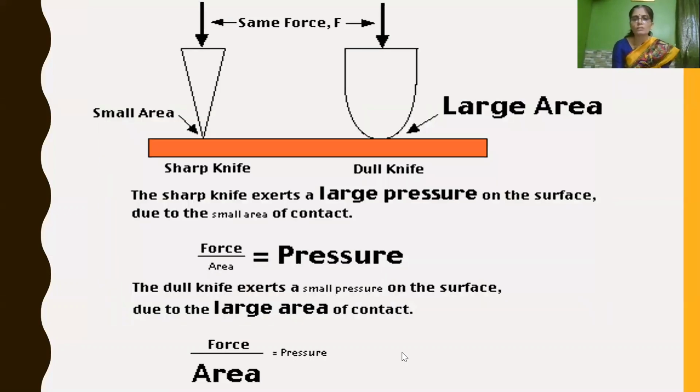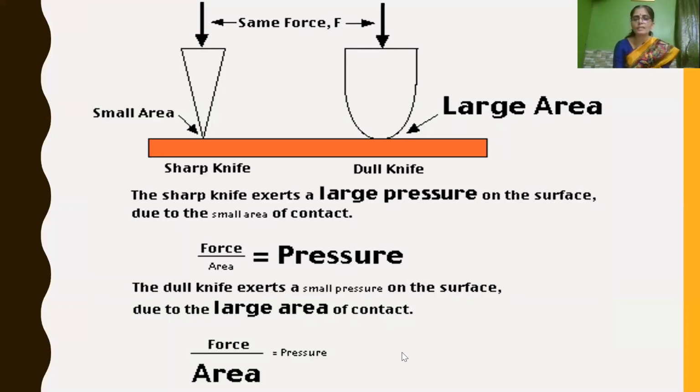Here also two types of knives are given. One is a sharp knife and one is a dull knife. If you see the edge of the sharp knife, the area is small. So smaller area, greater the pressure. And a blunt knife, dull knife, exerts smaller pressure because the surface area is more, so the pressure exerted will be less.